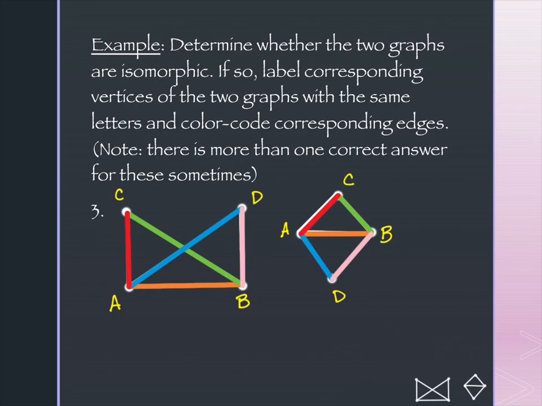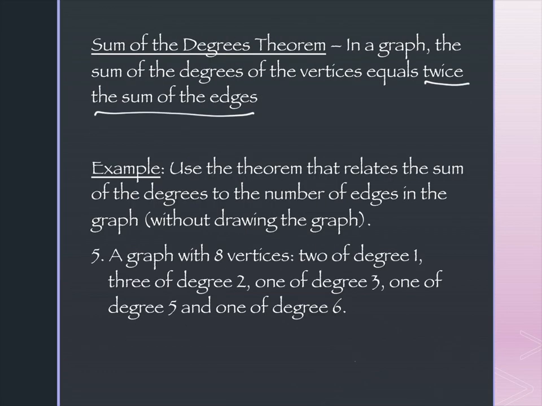So let's use this theorem for a different kind of example now that we've established it. It wants us to use the theorem that relates the sums of the degrees to the number of edges without drawing the graph. So it was easy enough to see with the graph why that should work, but now we don't have the graph, we just have the details. We have a graph.